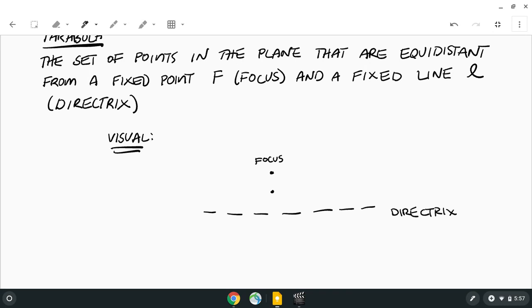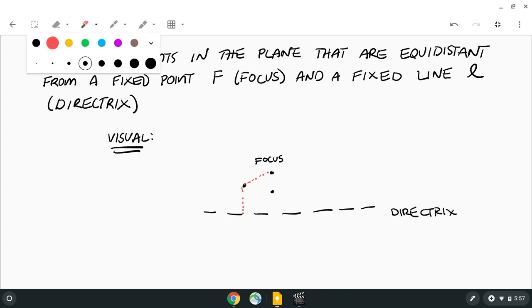If I take a look at, looks like maybe this one right over here, and I take a look at the distance of that point to the focus and from that point to the line, we see that it's the same. It's equidistant.